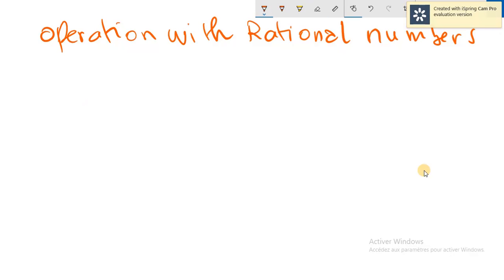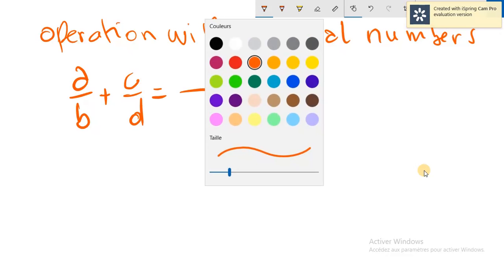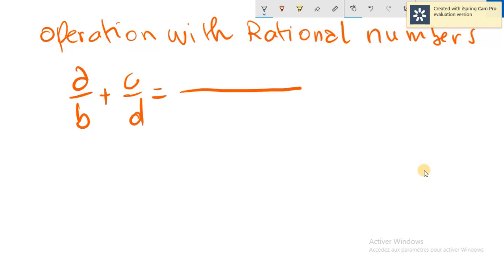So the rule says if you have a rational number a over b added to another rational number c over d, you're going to cross multiply the first numerator with the second denominator, added to the first denominator multiplied by the second numerator. So you cross, then you multiply.